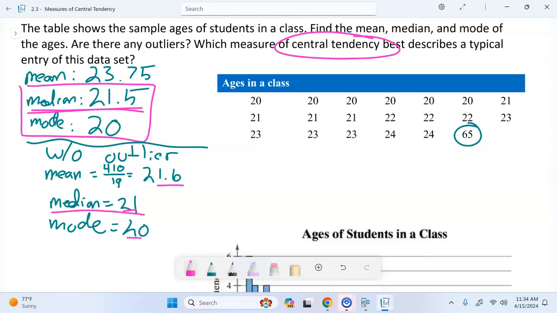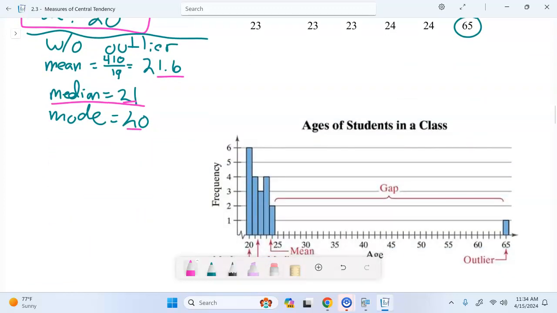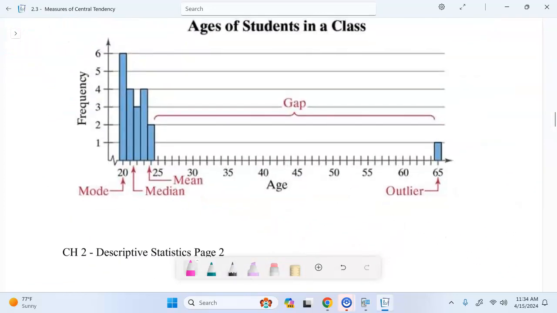It was still affected by the outlier. It still brought the median up a little bit, but it wasn't as largely impacted. And we can see that in our chart. When we look at all of the data displayed on a histogram, we can see our mode here, highest frequency, but it's not towards the middle. It's our minimum value.